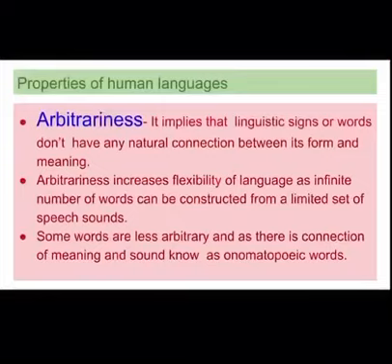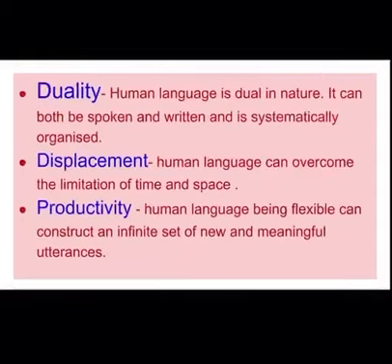Due to this, it is possible to construct an almost infinite number of words from a limited set of speech sounds. But there are some words which are less arbitrary than others. These are known as onomatopoeic words, words that imitate the sound associated with an object or an action. Example, the word buzzing sounds similar to the noise bees make.